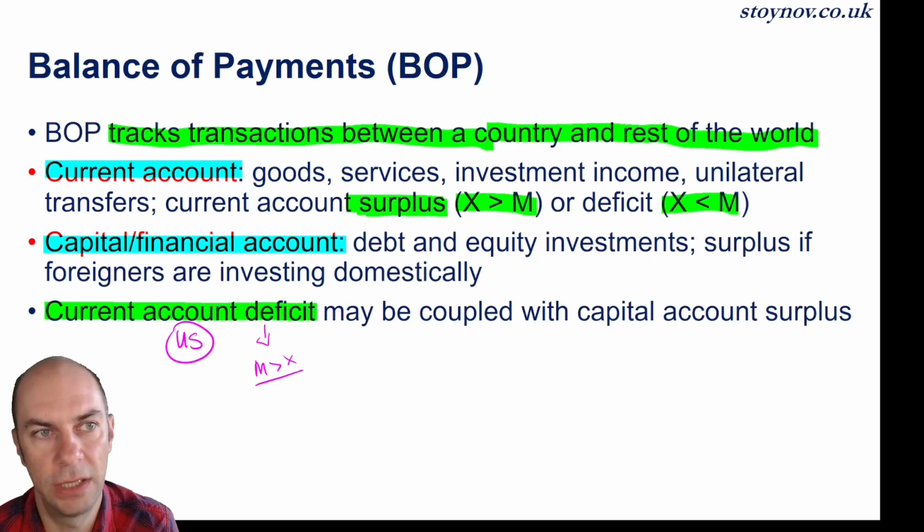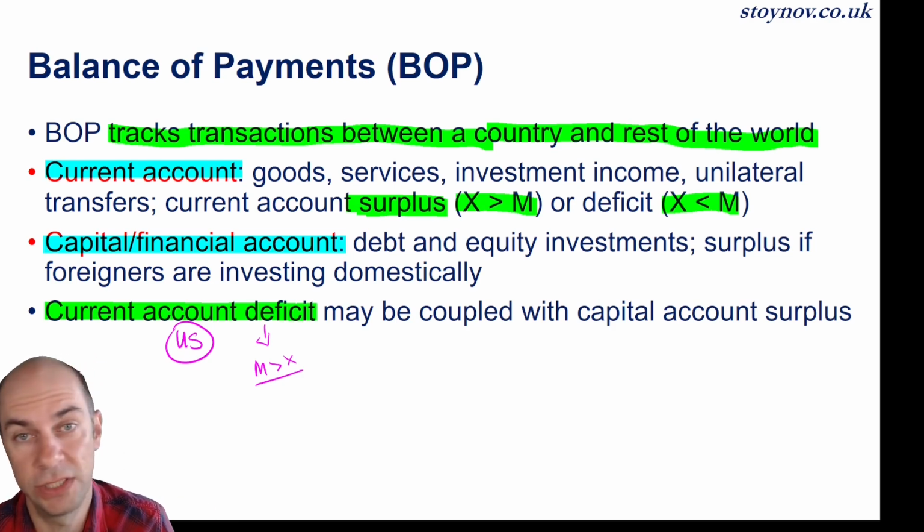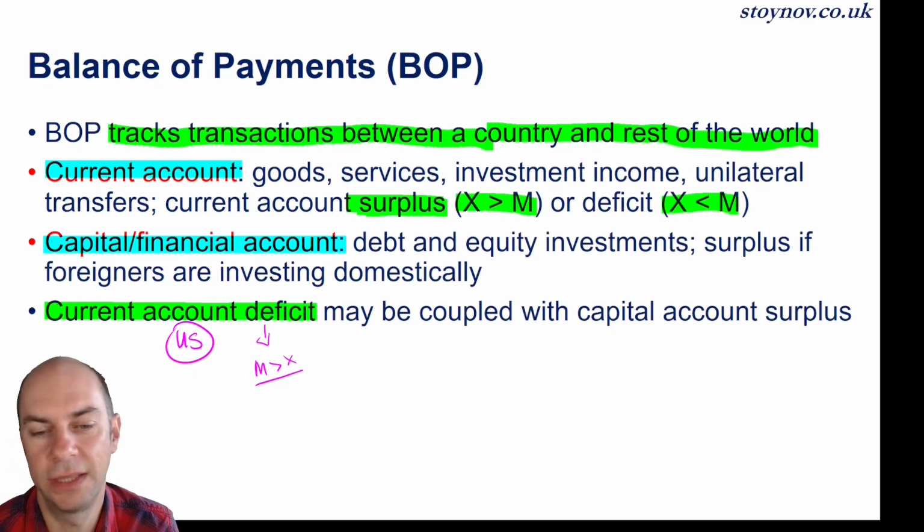If you think about a household analogy, it's the same as me spending more than my monthly income. Let's say I make 1,000, but I spend 1,500. I've got a deficit, right? 1,000 is coming in, 1,500 is going out. I've got a monthly deficit.